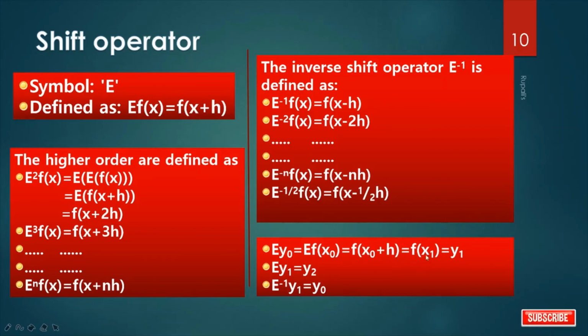So, it is f(x1). f(x1) means y1. So, E y0 is y1. So, E y1 is y2. So, E to the power minus 1 y1 is y0.